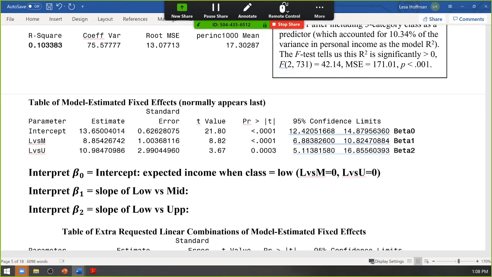Now the slopes. Definition of a slope is always the same. It's the expected difference in the outcome for a 1-unit difference in the predictor. So expected difference in the outcome would be income is 8.8K higher. Now, what does a 1-unit difference mean in this context?